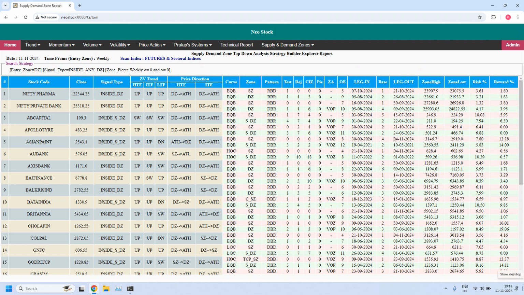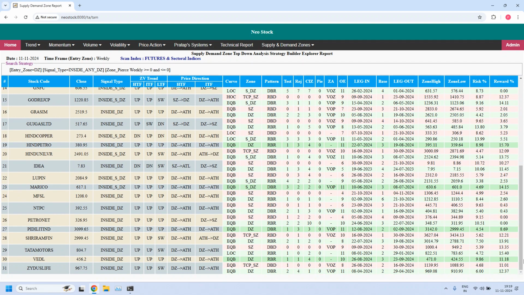So currently price closed in all these weekly supply zones. These are the first 15 in the list. I am scrolling the list down. So total 31 stocks are filtered. Currently price closed in these weekly supply zones.